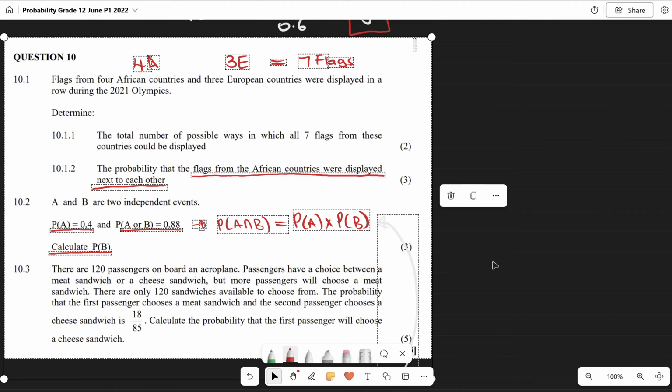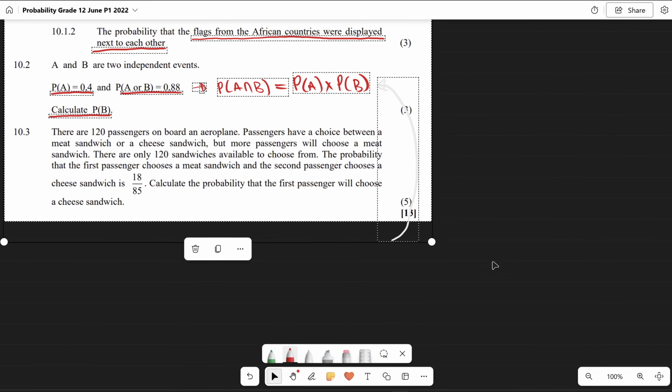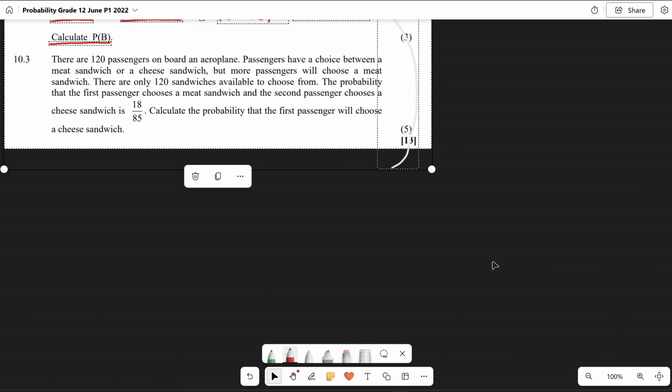Okay, so this is our 10.3. Let's see what they are saying in question 10.3.